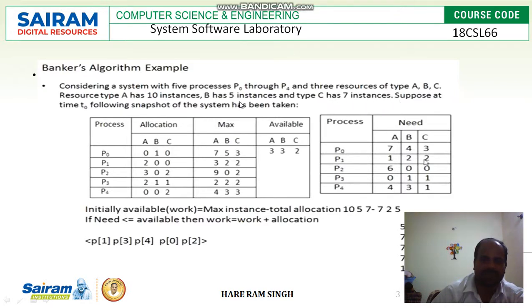So 10, 5 and 7 instances. Now suppose at time t0 the following snapshot of the system has been taken.